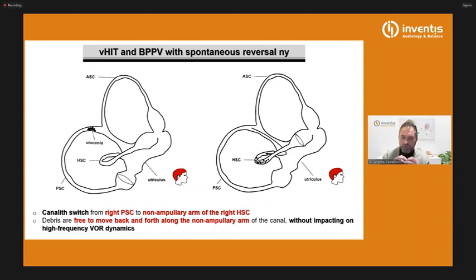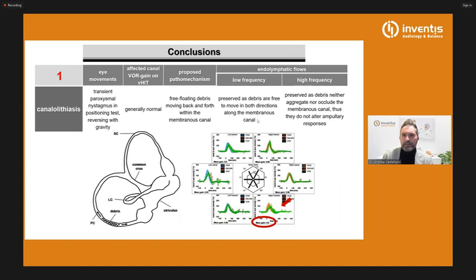So you can see this strict relationship between what we find during the positioning maneuver and the VOR gain of the affected canal. So we're going to the conclusion. So we have, in canal lithiasis, the typical canal lithiasis, transient paroxysmal nystagmus in position tests, reversing depending on the position of the head according to gravity.